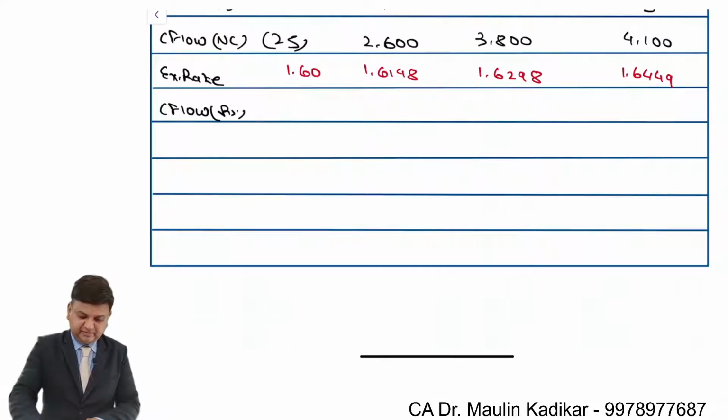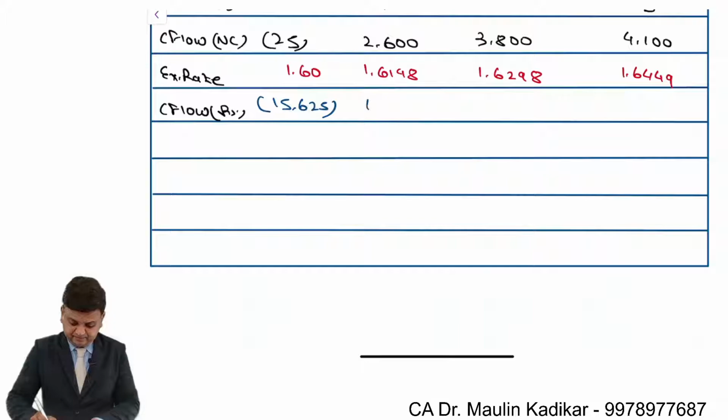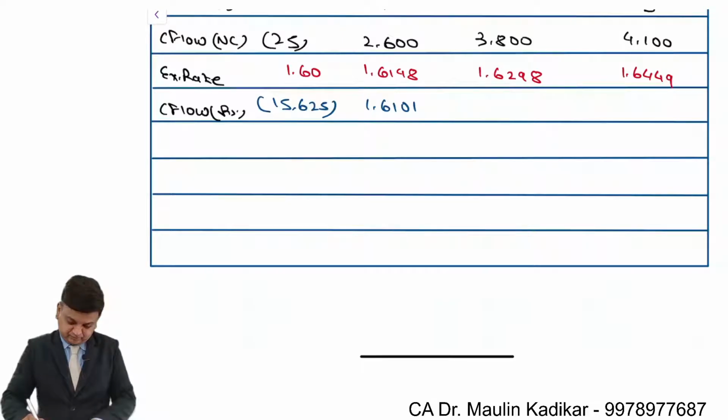So 25 divided by 1.6, 15.625. 2.6 divided by 1.6148, so 1.6101. 3.8 upon 1.6298, 2.3316. 4.1 upon 1.6449, so 2.4926.